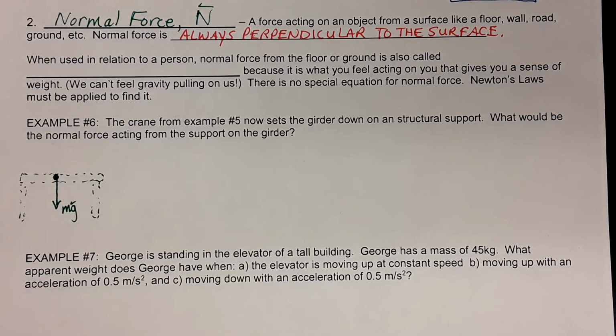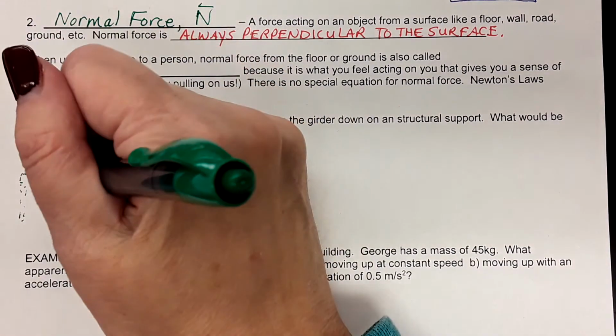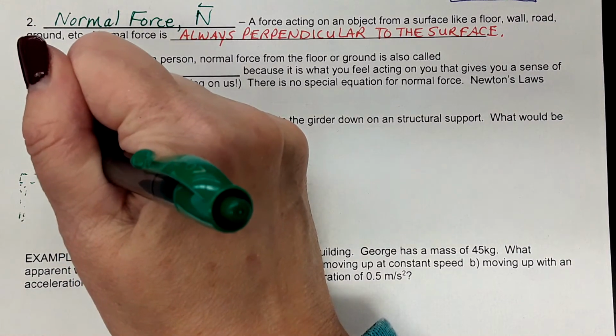However, how big is it going to be compared to the gravity? Well, let's think about this. What's the motion of the girder now that it's on the supports? Well, it's zero. There is no motion, so it's at rest. That means we are in a state of equilibrium. In equilibrium, everything equals out, everything balances, so the normal force here must be balancing the gravity.